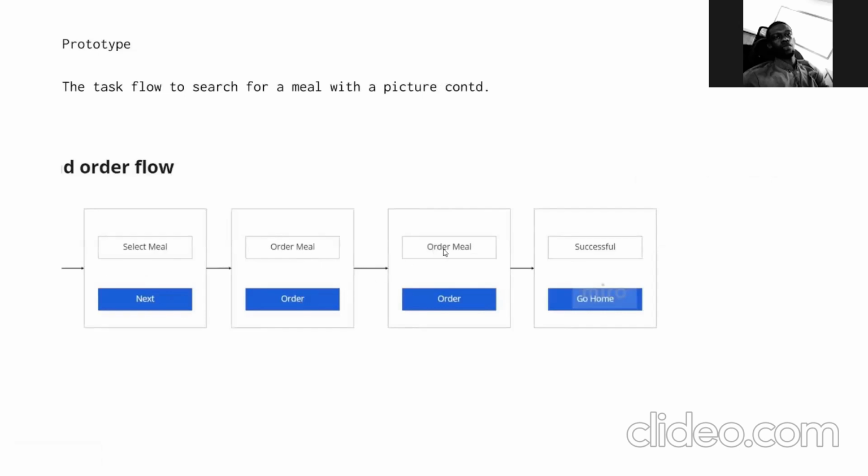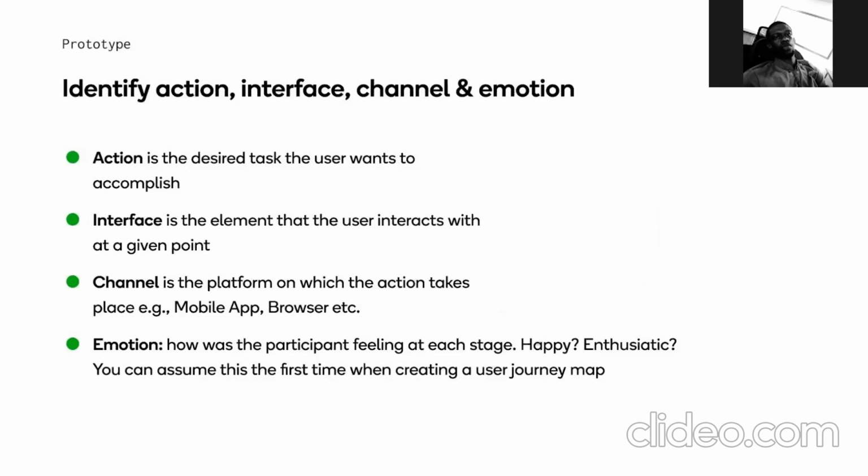And once you're on the order page and you click order, your order will be successful and you can go back to the home page. So that's basically what the task flow is. It shows the steps that your user should take, and it gives you a clearer idea of areas that might be missing or areas that might be lacking in your design, and allows you to design for those missing areas.